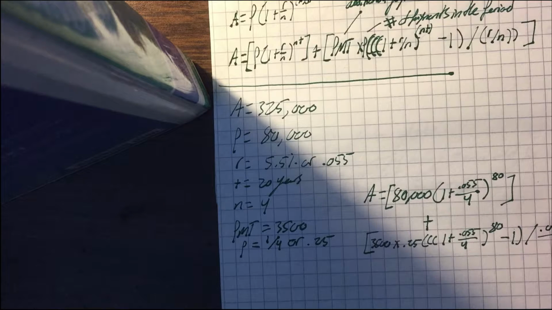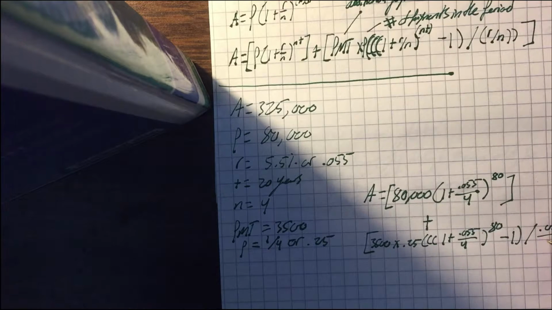Make sure I did this right. Yep, R over N, and our N would be 4, and N2 parentheses.